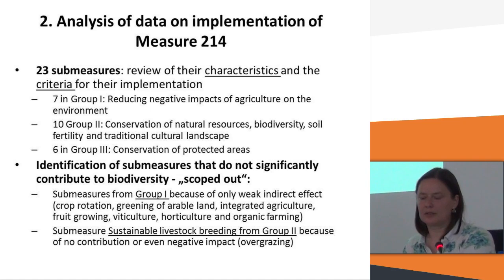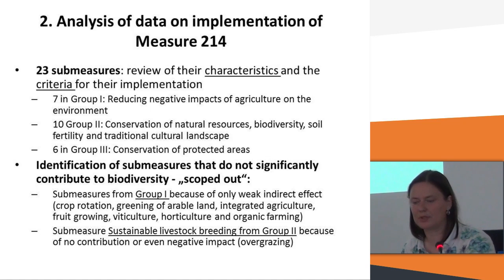And we decided to scope them out, not to deal with them, because their contribution is quite weak and indirect. So we focused mostly on Group 2 and Group 3. Group 2 was focusing on conservation of natural resources, biodiversity, soil, cultural landscape.